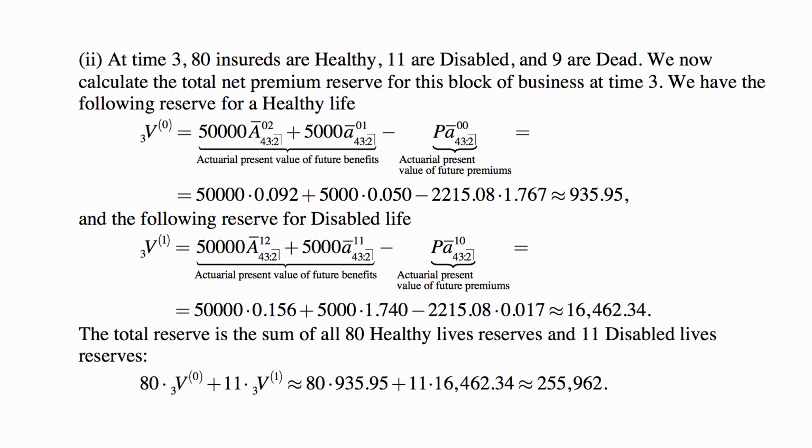All of these life insurance annuity factors, again, are given in that little table of data. We plug them in. We get 16,462.34. And the total reserve is the sum of all 80 healthy lives reserves and 11 disabled lives reserves. So it's 80 times the first reserve we calculated plus 11 times the second. Plug in the numbers, we get the answer of 255,962.